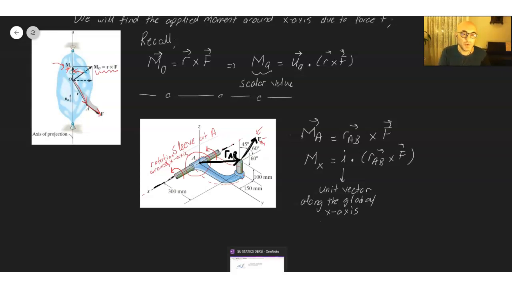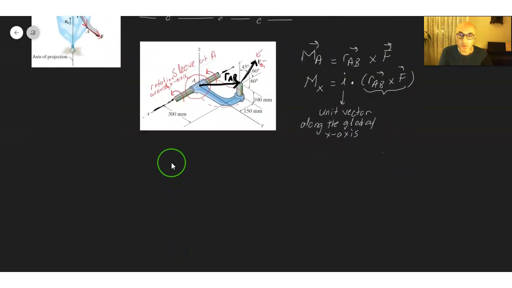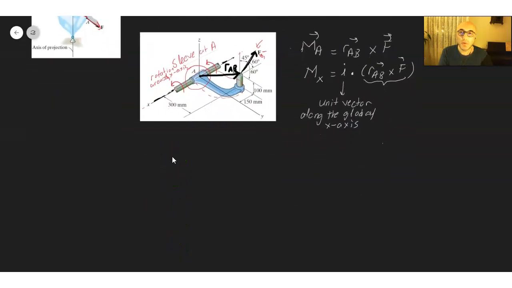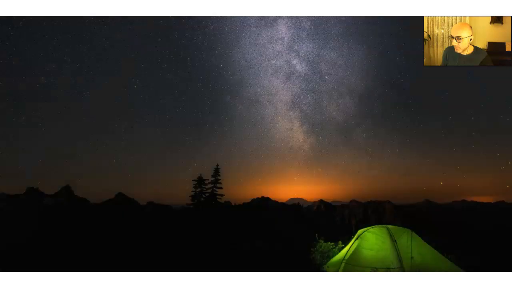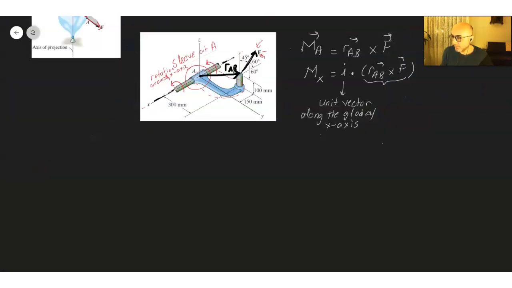We need to calculate all these: r_AB, F, and i, and then the dot product. So let's keep on with the solution then. What I want to find first of all is r_AB.